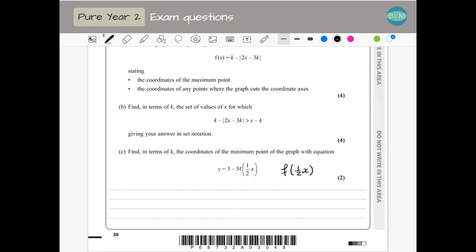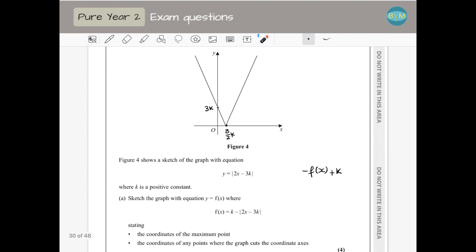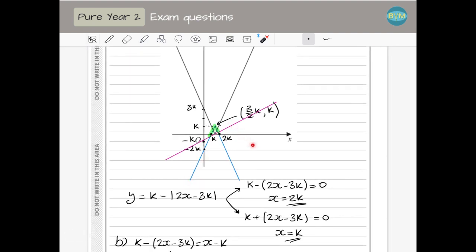Remember when I do f of 1/2 x, I'm doing a horizontal stretch with the reverse scale factor. So the scale factor is going to be 2, which means all my graph is spreading. So this is going to be doing something like that. So my x coordinate is going to be multiplied by 2, any x coordinate.